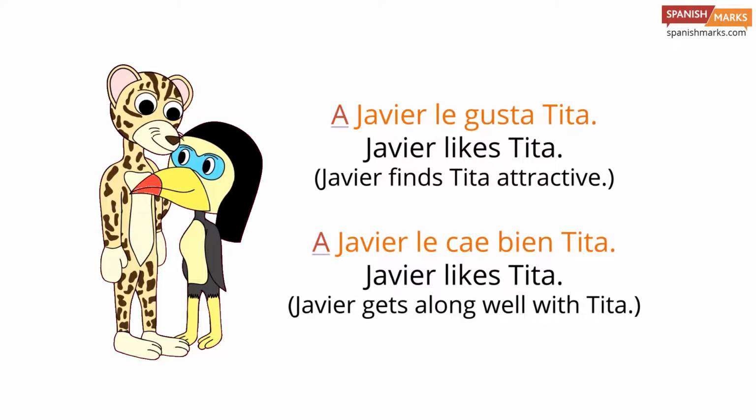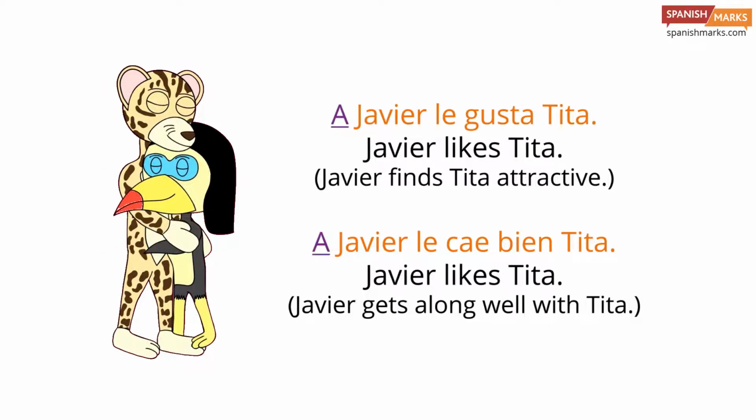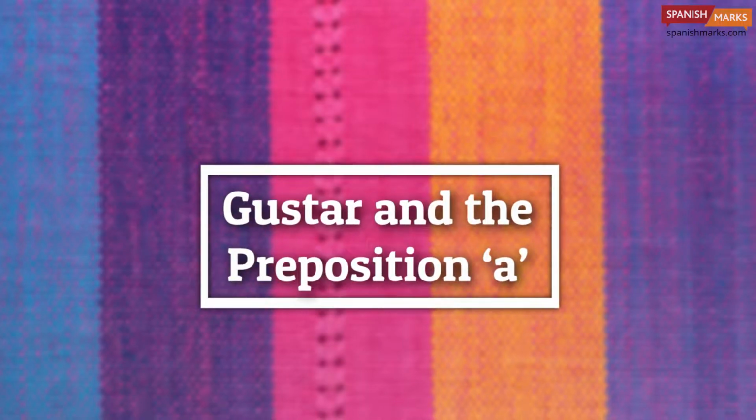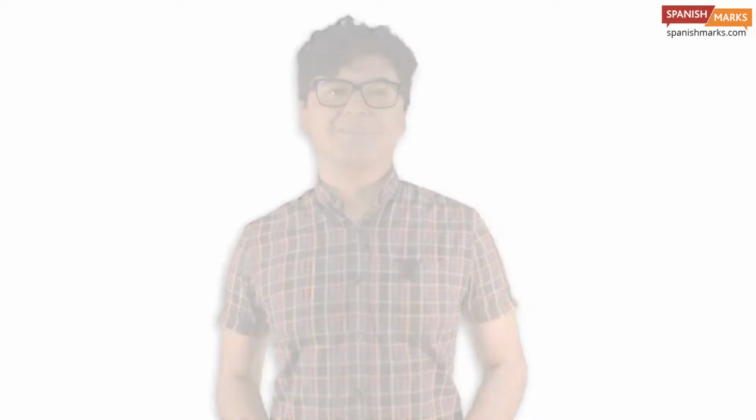Notice how the preposition a has also been used in these examples. There are a few scenarios when this has to be used. Let's look at a few examples when you need to use the preposition a with the verb gustar in a sentence.